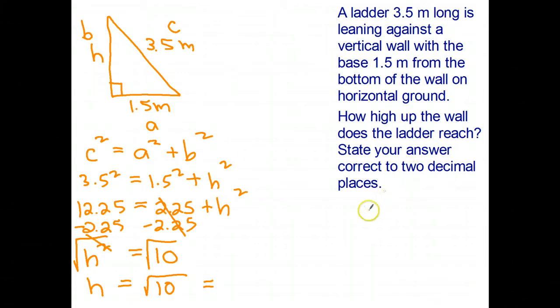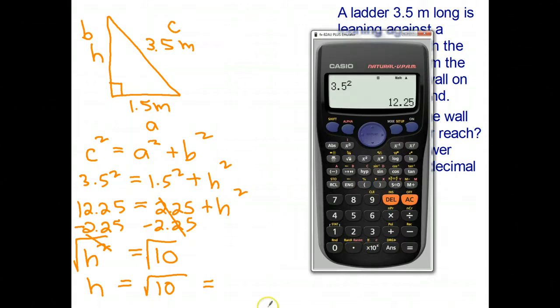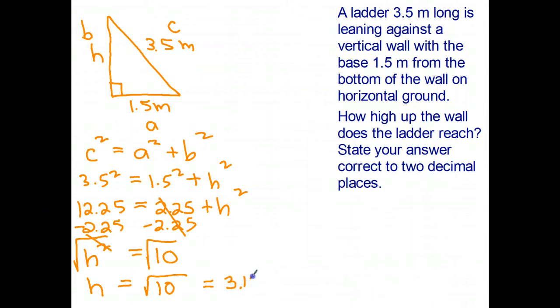So let's go ahead and do that. Square root of 10. And I get 3.16. Because there's a 2 with the third decimal place, that doesn't change. So 3.16 meters, rounded to 2 decimal places.